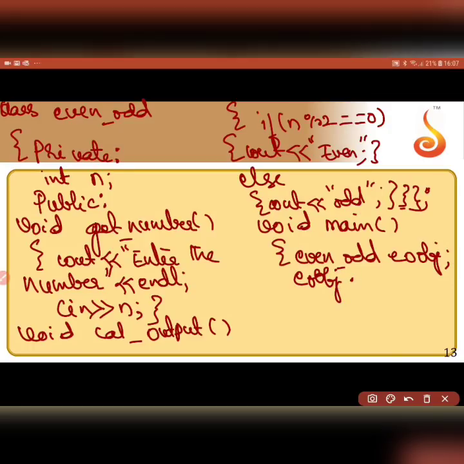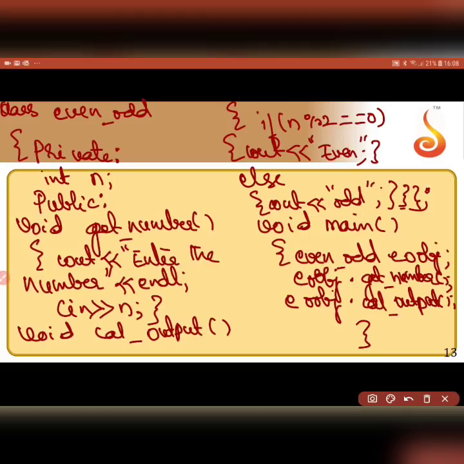EOBJ dot get_number. Next is EOBJ dot cal_output. I will close my main.